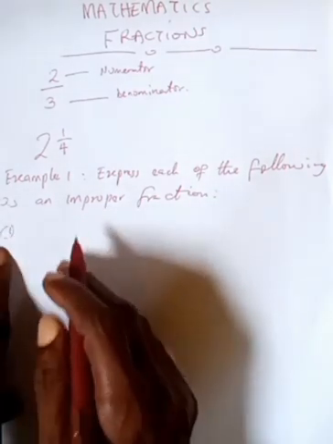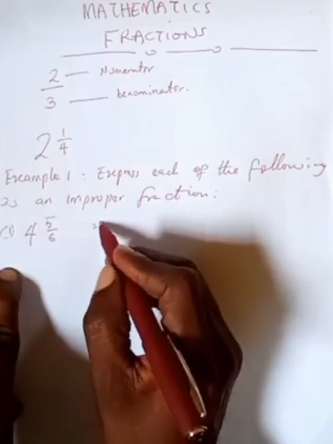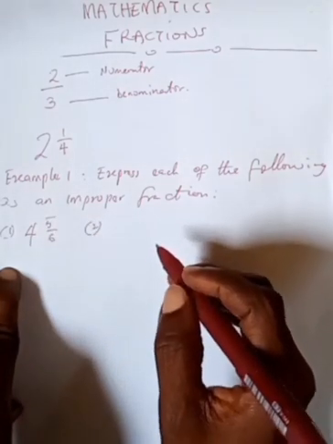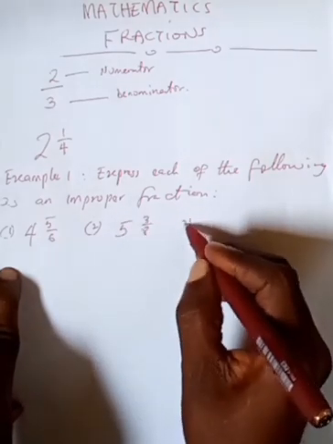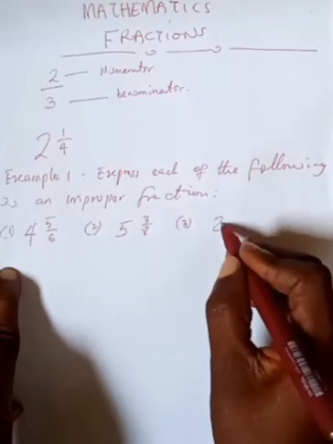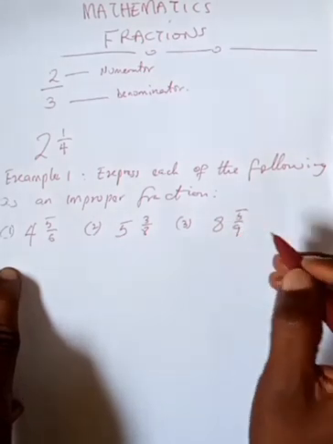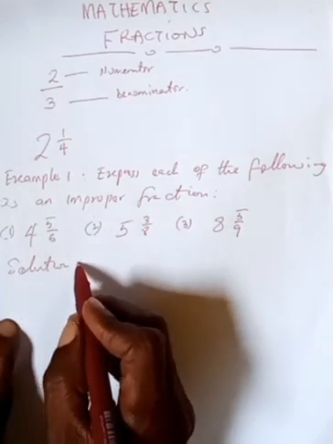Number 1, I have 4 whole number 5 over 6. Number 2, 5 whole number 3 over 8. And number 3, 8 whole number 5 over 9. So I will provide the solution below.